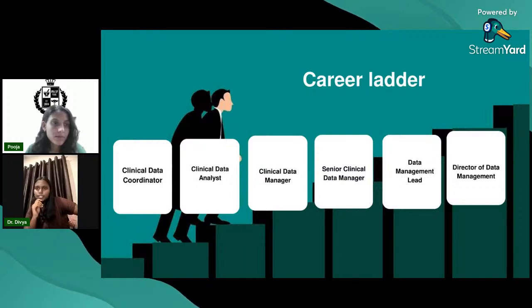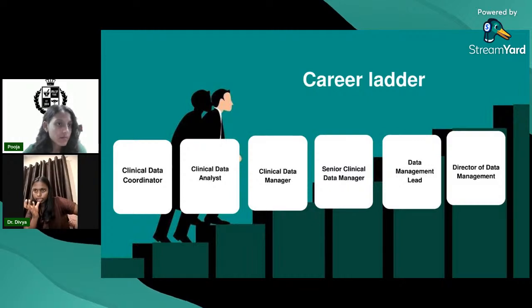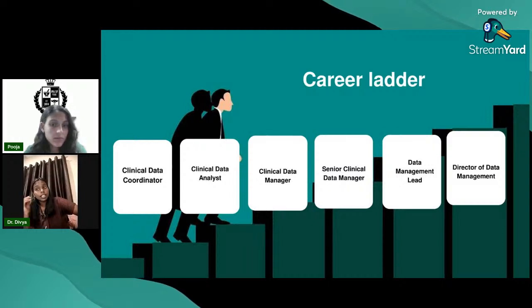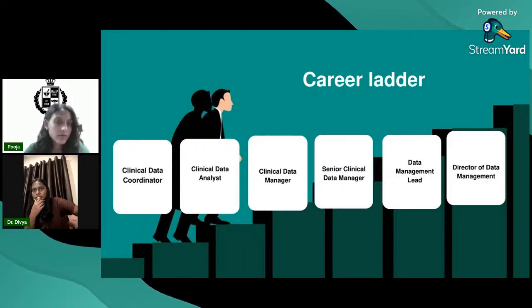So, the career ladder: firstly you become a clinical data coordinator, then you can become a clinical data analyst. The higher levels are clinical data manager, senior clinical data manager, clinical management lead, and finally a director of data management. Why I kept this slide, I will tell you.